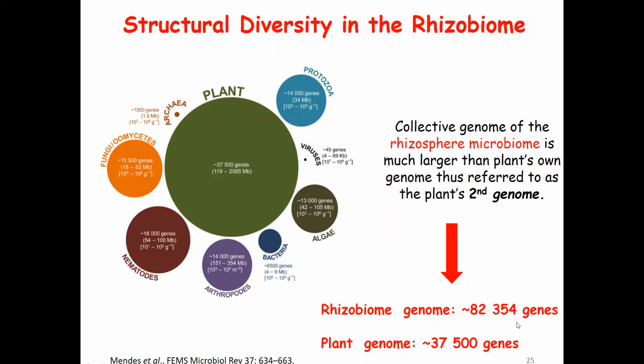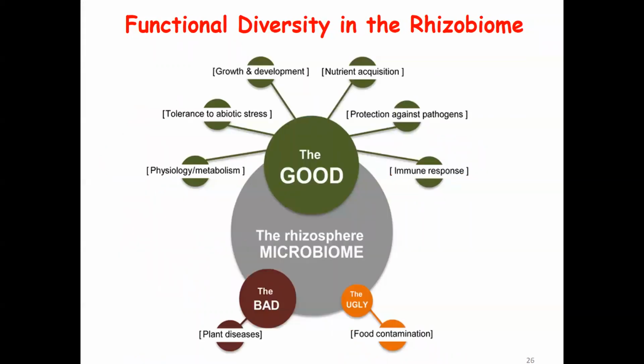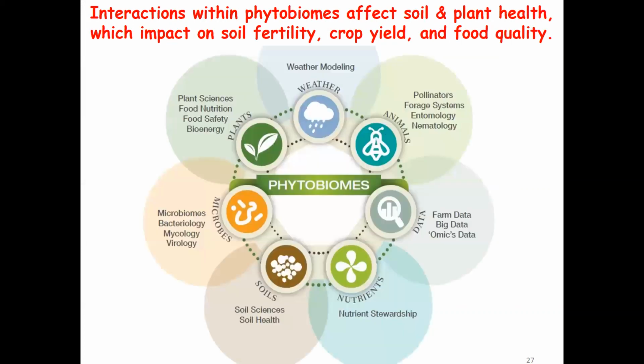We can see here almost twice the number of genes in the rhizobiome than in the plant itself. There's also a lot of functional diversity in the rhizobiome, representing physiology, tolerance to abiotic stress, nutrient acquisition, etc., etc. Bad things are the diseases, the pathogens, and then there are also the things that we can associate with in terms of food contamination.